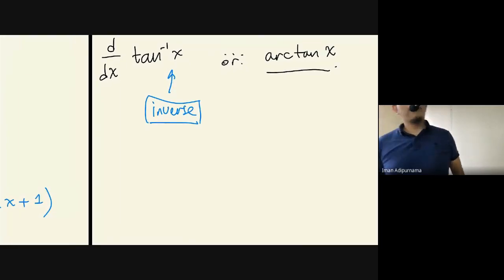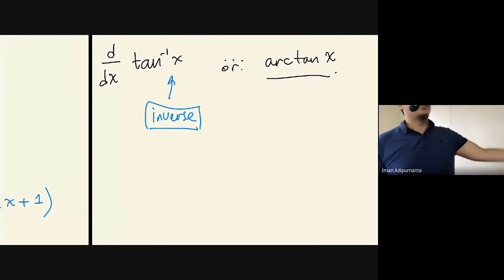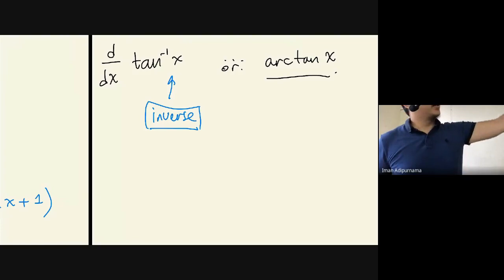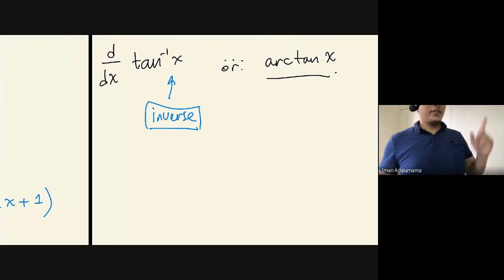I'm not sure how many of you have learned before how to solve the tangent inverse, or arc tangent. So first, before we derive the tangent inverse, what is the tangent inverse? We need to have a definition.